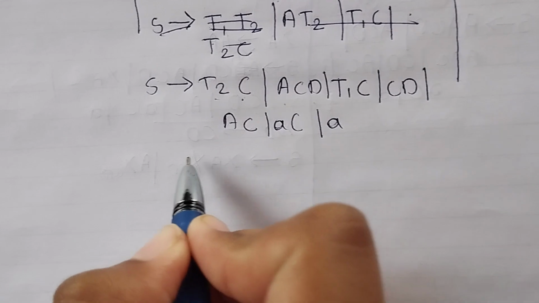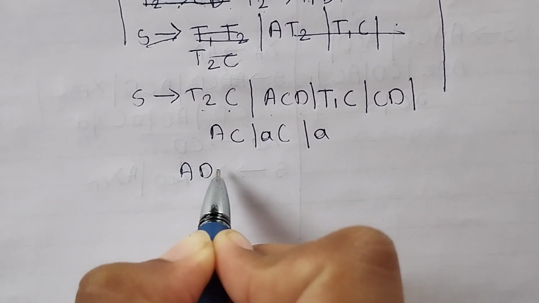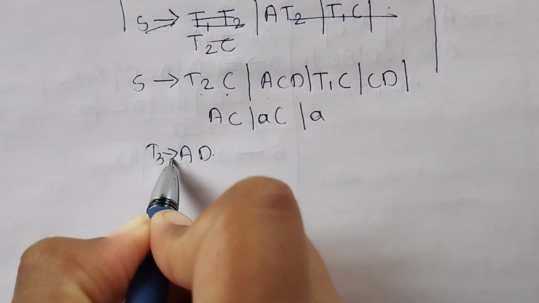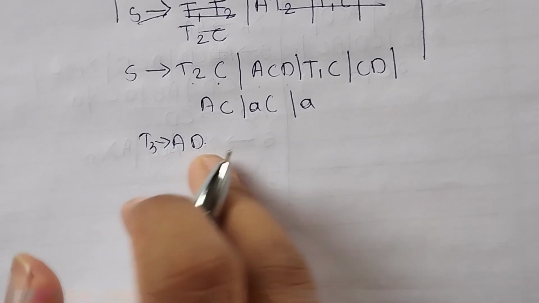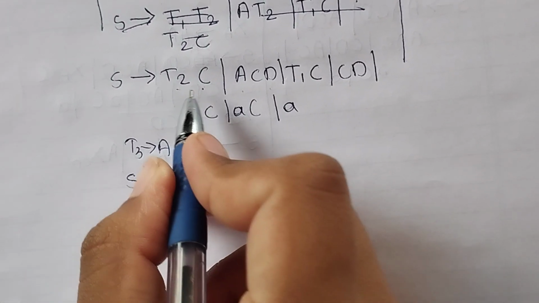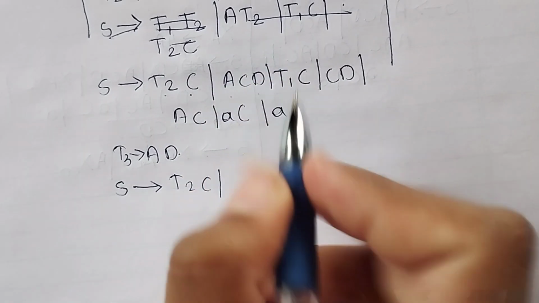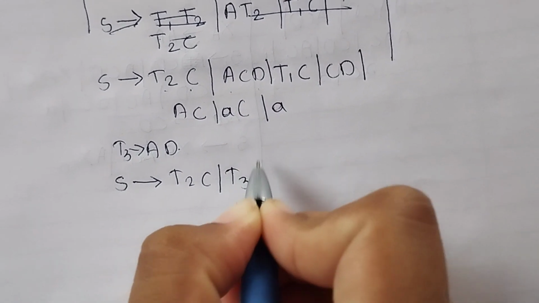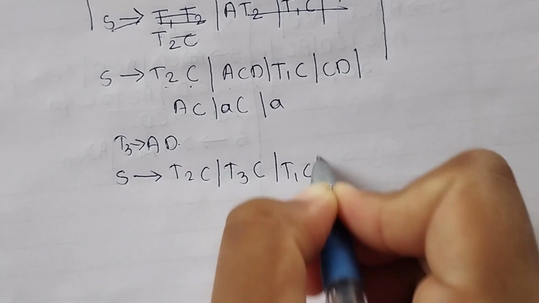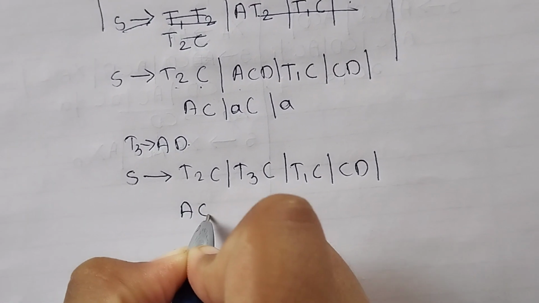Now we assume T3 for the AD. So we write T2C, and for the AD we write T3C, then T1C, CD, AC.